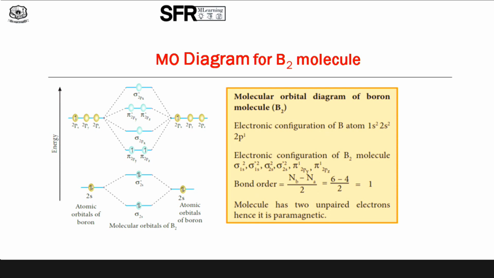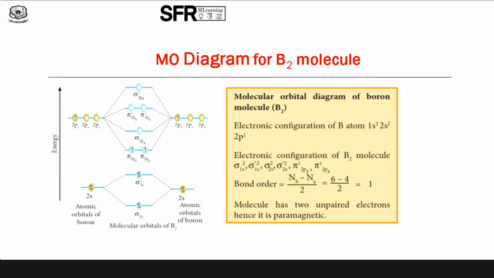When the 2s atomic orbital of one boron atom combines with the 2s atomic orbital of another boron atom, they form 2 molecular orbitals. They are represented as sigma 2s and sigma star 2s. Here there are 2 electrons in one 2s and another 2 electrons in the other 2s atomic orbital, so in total we have 4 electrons.